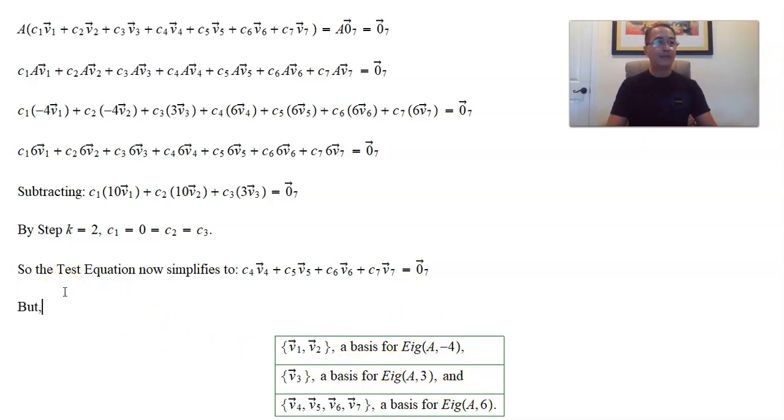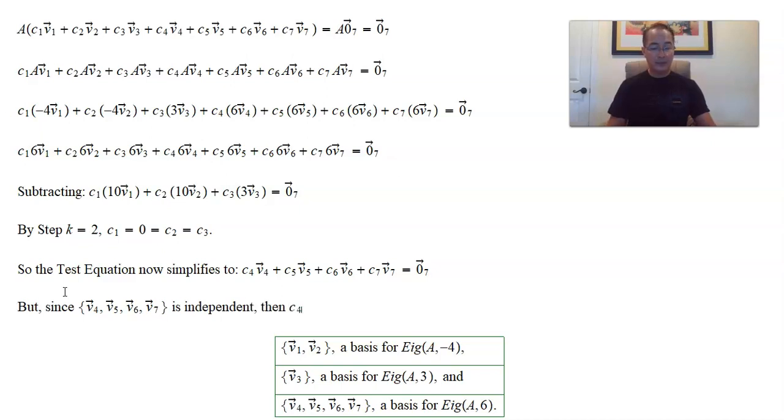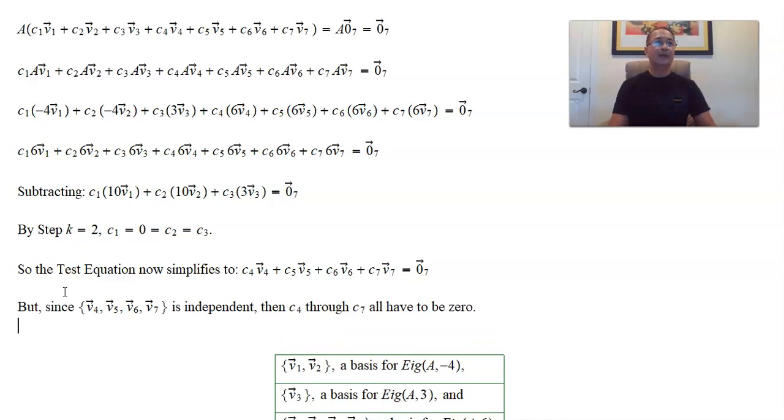So since v4 to v7 is independent, then c4 through c7 all have to be 0.